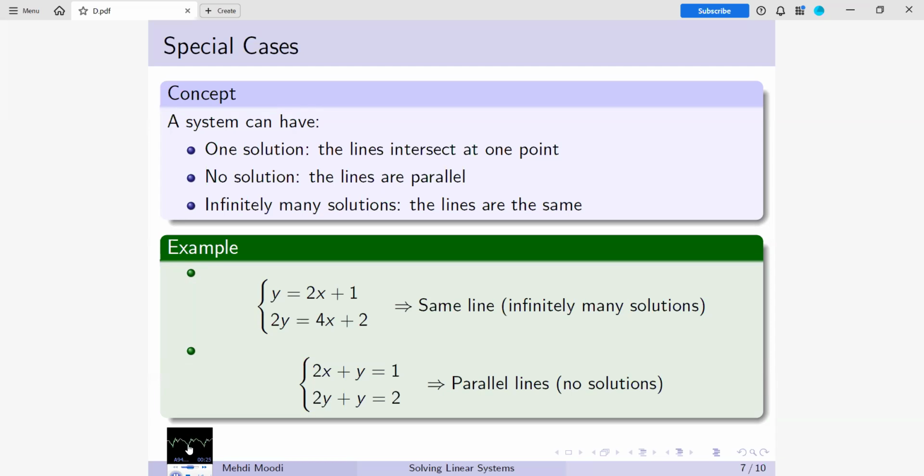The lines never meet. If the lines are identical, elimination wipes everything out and gives 0 is equal to 0. This means every point on the line is a solution, infinitely many solutions. So how do you tell the difference? Pay attention to what's left after elimination, either a valid equation, a contradiction, or an identity.